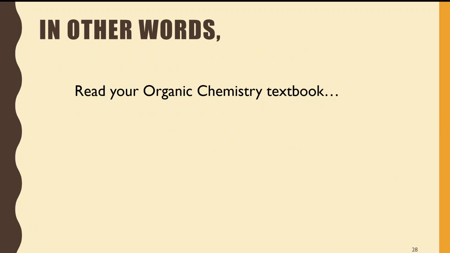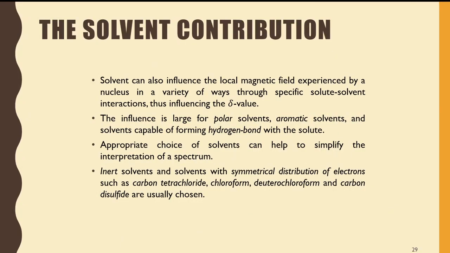It's good to read your organic chemistry textbook when it touches on NMR, especially on ring currents, the pi bonds and the pi system, so you get a better feel of this.